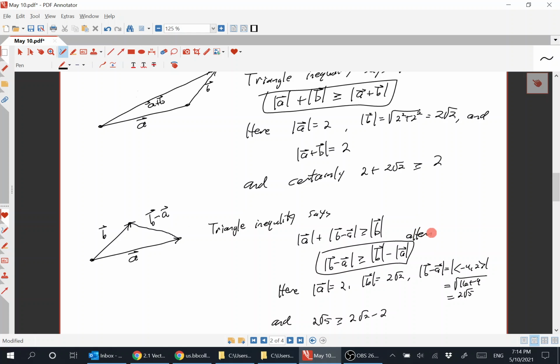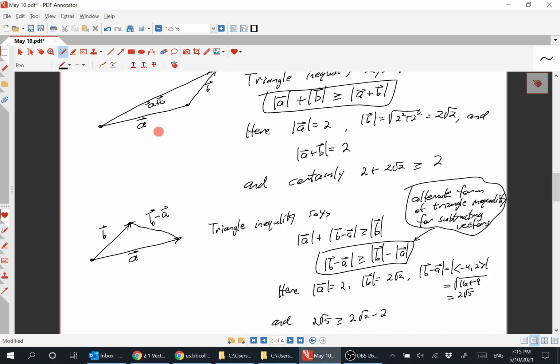So alternate form of the triangle inequality for subtracting vectors. And that's what that is. But it just comes from the basic triangle inequality. See what I'm saying? Yeah, thank you.